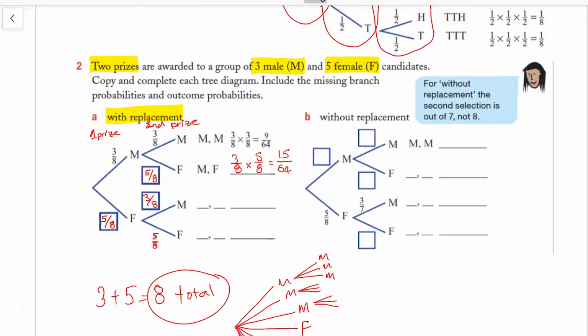Now my outcome is female male, a 5 over 8 chance times a 3 over 8 chance, which is 15 out of 64. Then we've got female female, which is 5 over 8 times 5 over 8, which is 25 over 64.